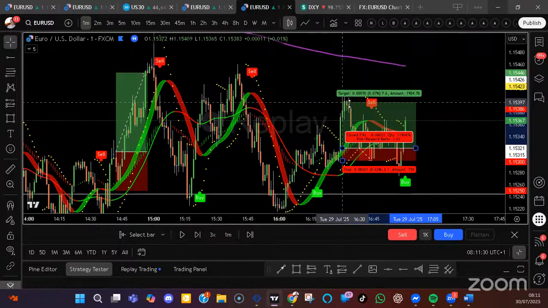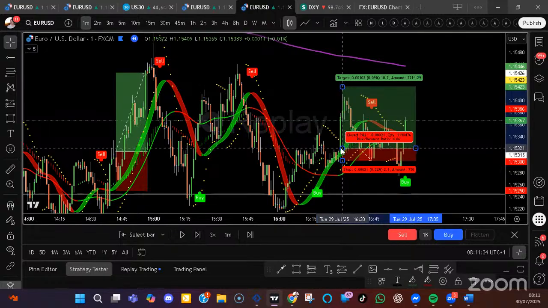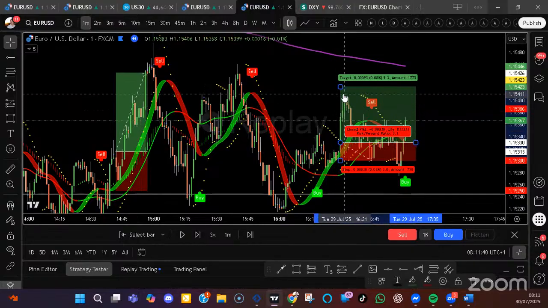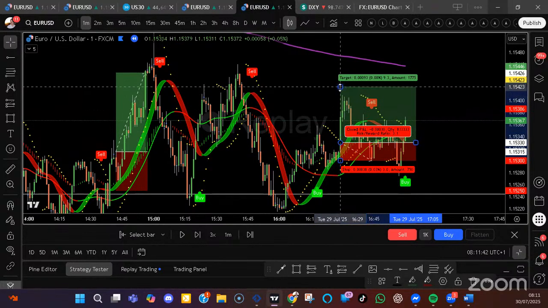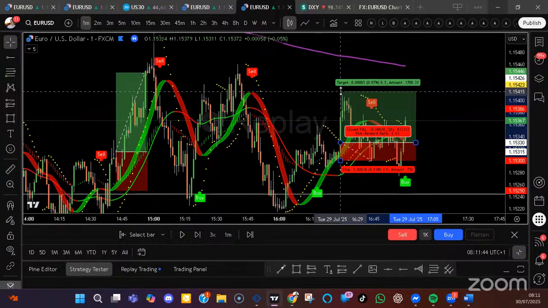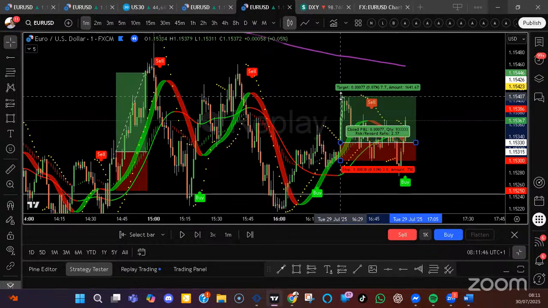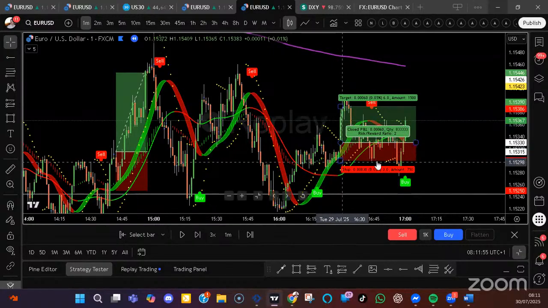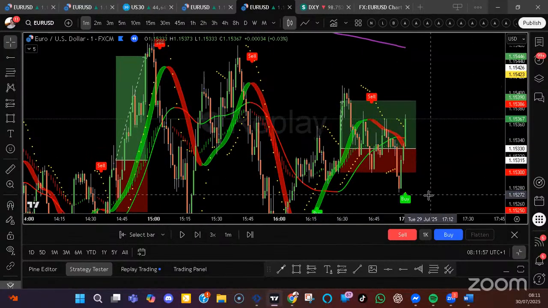You could probably even afford a 3 pip stop loss, which is there, which would have given you a... where's your 2%? Yeah, you would, even if you're giving yourself a 3 pip stop loss between entry.